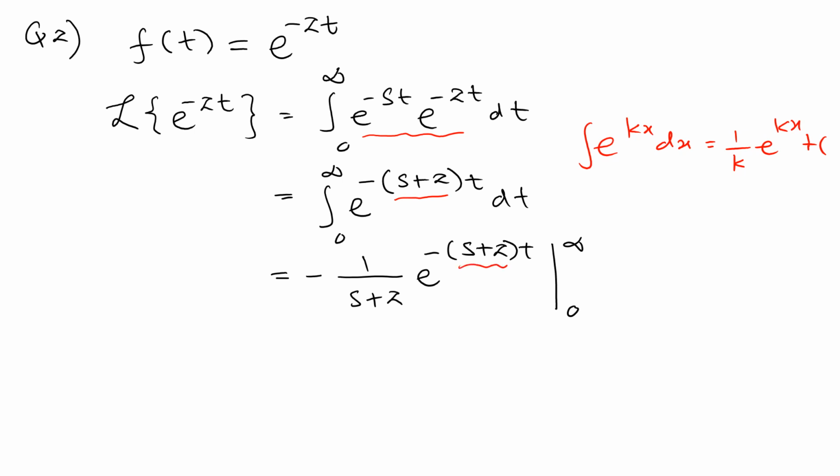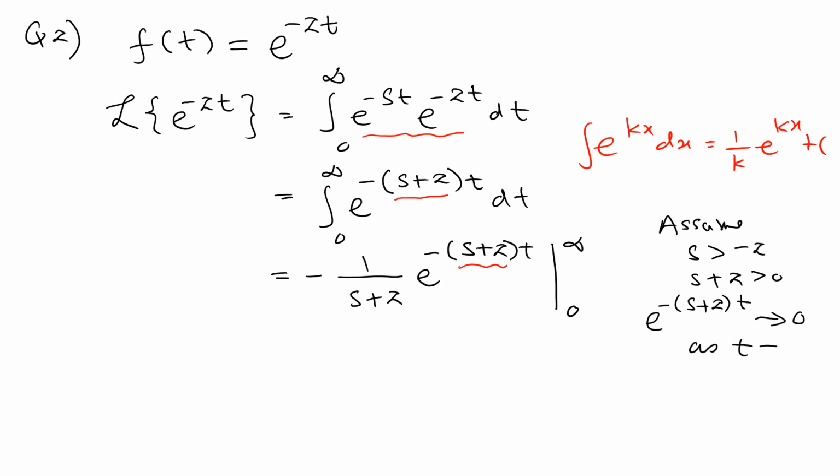So we can assume in this case that s is greater than -2. Why do we do that? Then you can see s + 2 is greater than 0. Under that assumption, e^(-(s+2)t) actually goes to 0 as t goes to infinity.